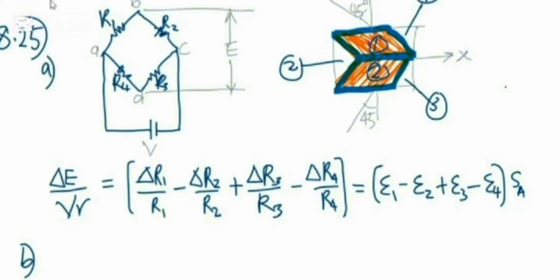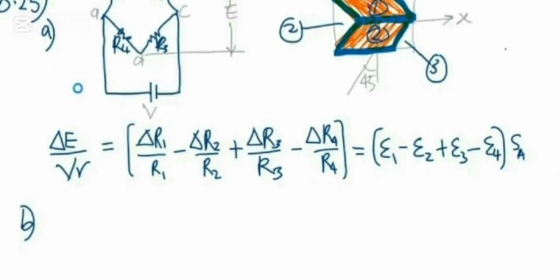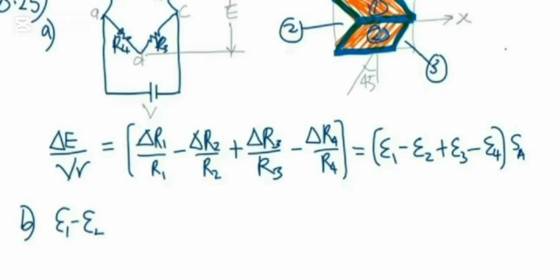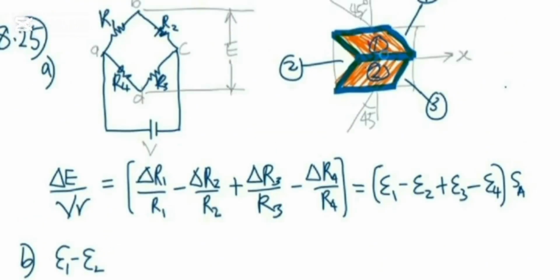We have several combinations. For us to measure shear, for example, first one, it should be placed at E1 minus E2, because E1 minus E2 from this equation will give us a difference, because this is a 2-element shear rosette.